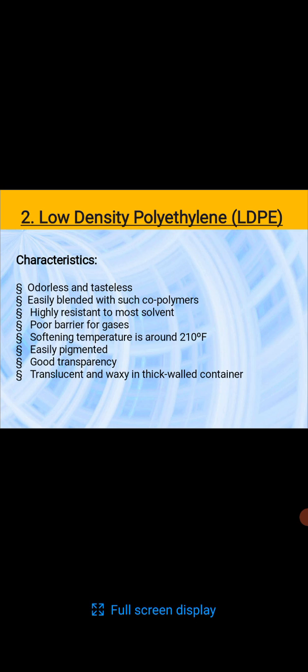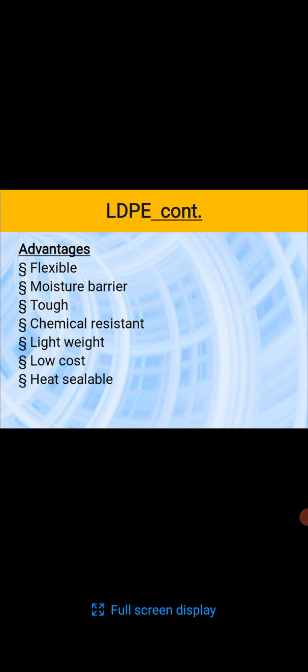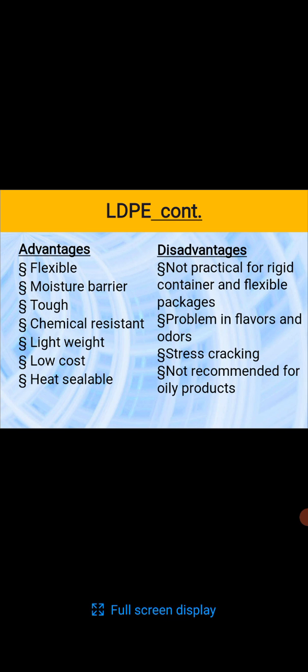It is easily pigmented, has good transparency, and is translucent and waxy in thick-walled containers. Its advantages are flexibility, moisture barrier, toughness, chemical resistance, light weight, low cost, and heat sealability. Its disadvantages: not practical for rigid containers and flexible packages, problems with flavor and odor, stress cracking, and not recommended for oily products.